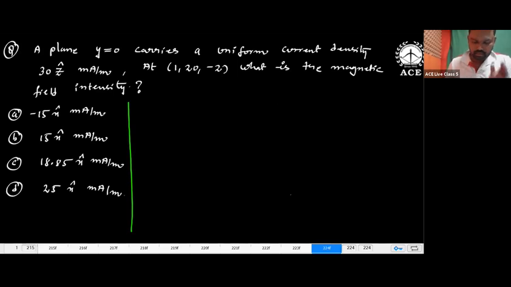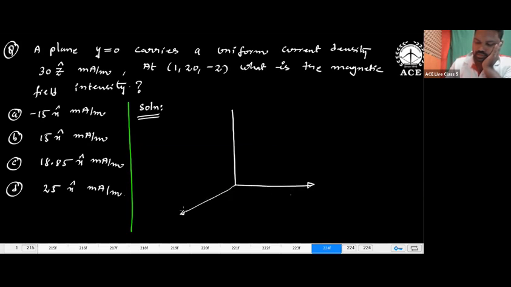Here is an infinite sheet, beta, located at the y is equal to 0 plane.